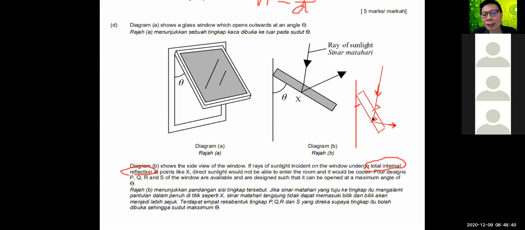So to make total internal reflection happen easily, you reduce the angle theta. When this angle becomes smaller, the angle of incidence becomes bigger. Bigger means it can guarantee total internal reflection to happen. Please note down this diagram.